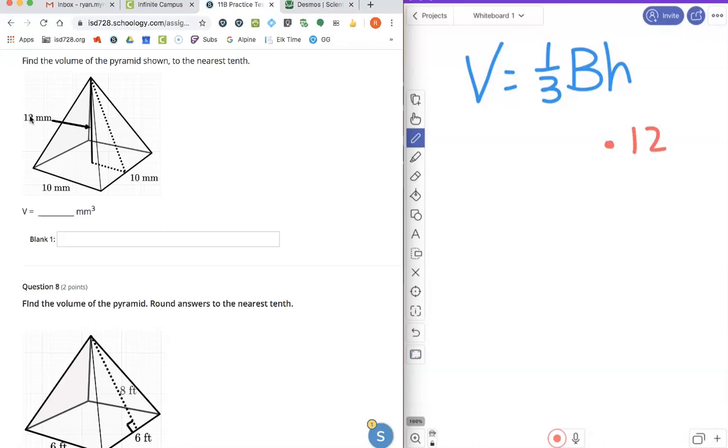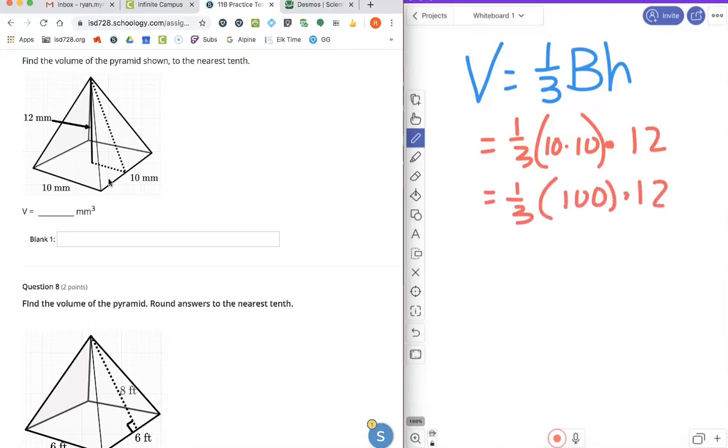Okay, so we need to do 1/3. We need the area of the base, and then we know that the height is 12. So the base is a square, so we have a 10 by 10 square. So the area of, or capital B, I should say, is found just by doing 10 times 10, or this is 1/3 of 100 times 12.